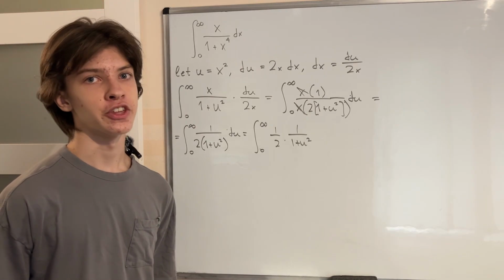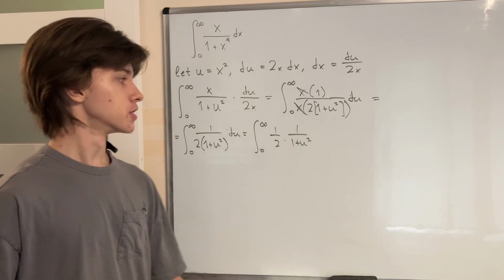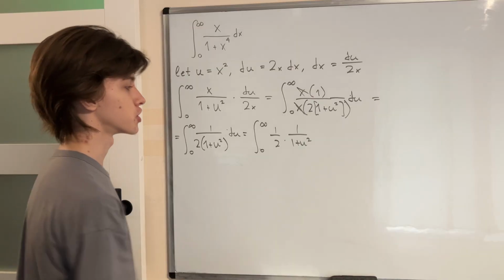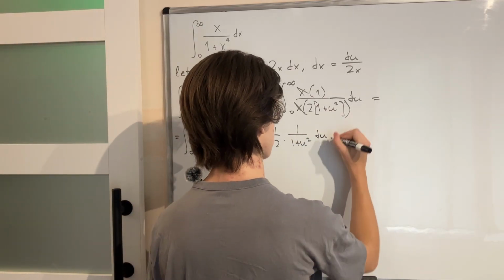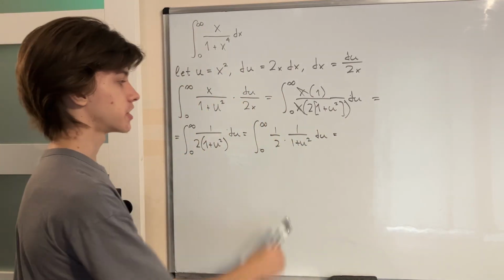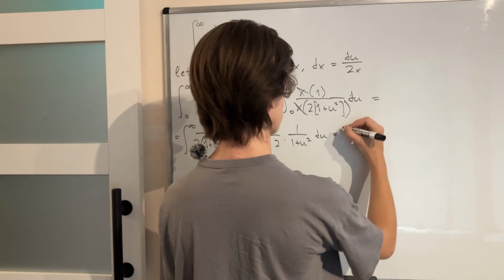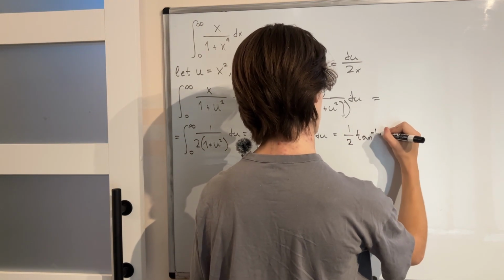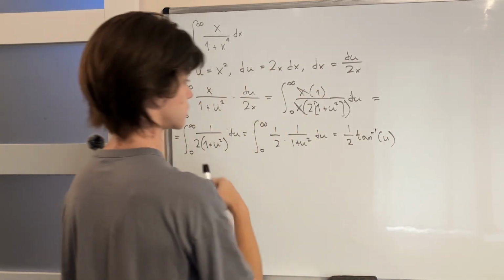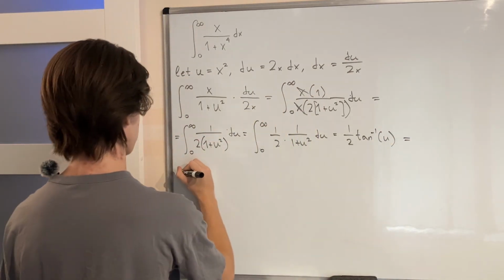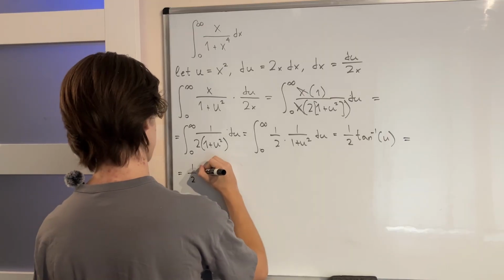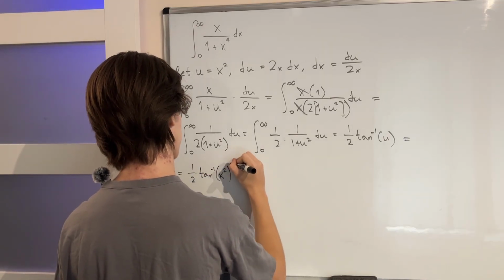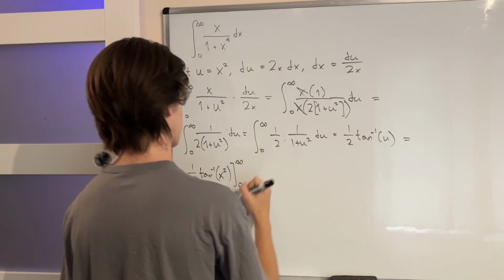If you want a separate video on the derivation of that, I can show you. But for now, you should know that the integral of 1 over 1 plus u squared du is equal to the inverse tangent, and here we have a constant of 1/2. So this integral is simply equal to 1/2 of the inverse tangent of u. And u is equal to x squared, so this is 1/2 of the inverse tangent of x squared, with our bounds from 0 to infinity.